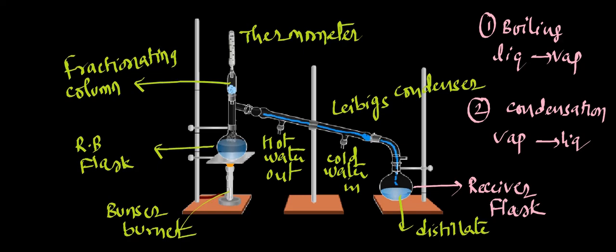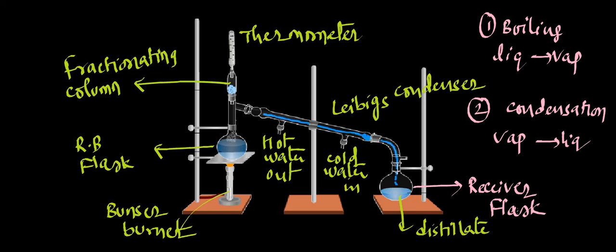Just make a comparison between simple distillation and fractional distillation. In simple distillation there was only one distillate. The other liquid was left behind in the round bottomed flask itself. But in the case of fractional distillation, once the first liquid is collected, immediately we replace the receiver flask. First receiver flask is removed and the other empty receiver flask is kept.